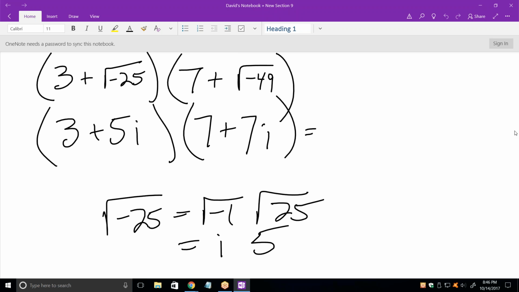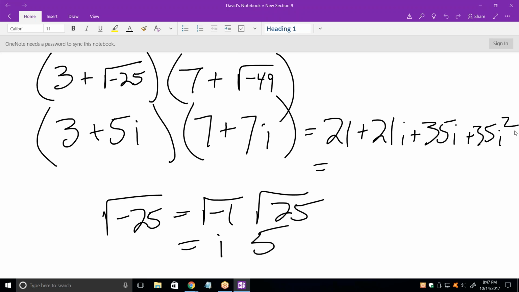We have 21 plus 21i plus 35i plus 35i squared. Now simplify that. 21i plus 35i is 56i, plus 35i squared.